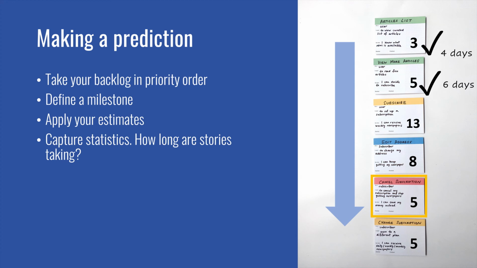Once you have some data, you can calculate your velocity, points per day, or usually points per week or per sprint. If these 2 stories, for example, consumed your entire sprint, then your sprint velocity would be 8 points. As long as your sprints are the same length, then you can continue to work in points per sprint, even if you have a long sprint duration.